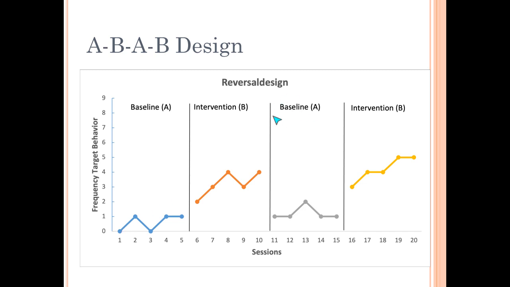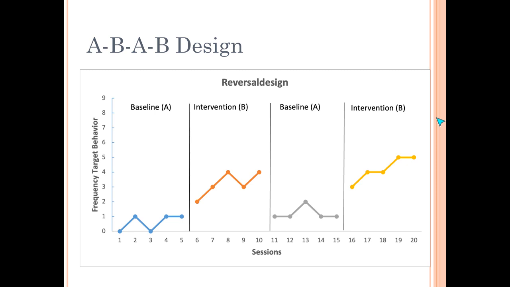You're withdrawing treatment here, and then everything reverses back to the original performance the participant had shown in the original baseline. Because you want to end on a phase that is actually beneficial to the participant, you're going to put on another intervention.